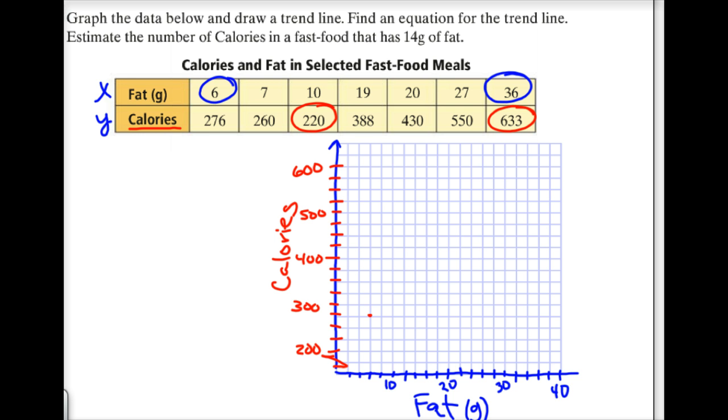Okay. 7, 260. 10, 320. 19, 388. 20, 430. 27, 550. 36, 633.